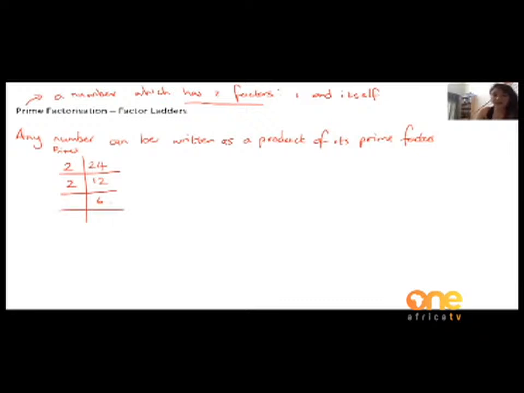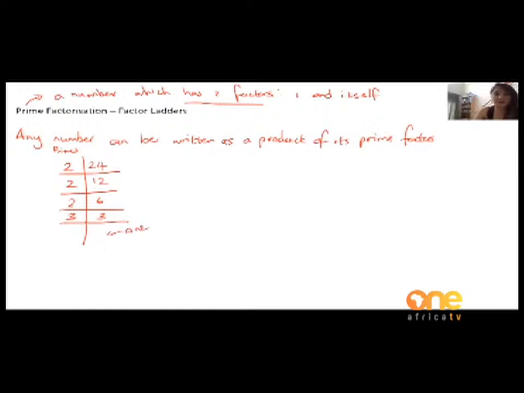And then I look at 6 and I say, okay, well, the first prime number that can go into 6 is also 2. Okay, and I divide 2 into 6, I get 3. As I go, I'm going to create the rungs of my ladder. And if I want to divide 3 by a prime number, well, I have to divide it by 3. 3 is the only prime number that will go into 3 because 3 is prime itself. And I'm going to be left with 1. And when I'm left with 1 over here, I am done.